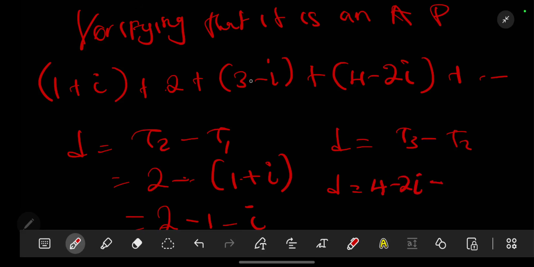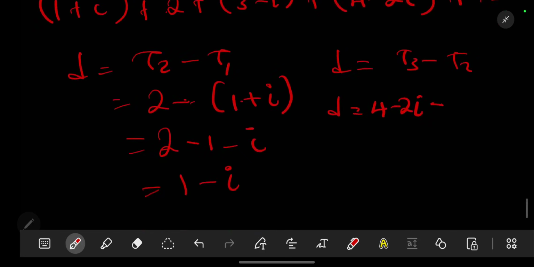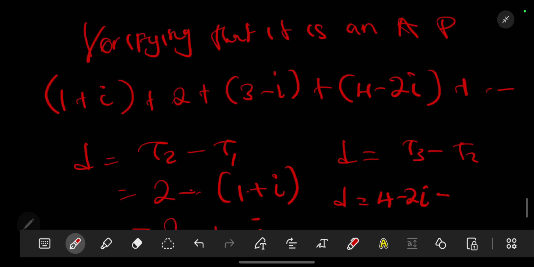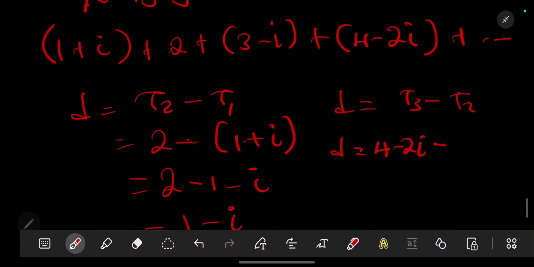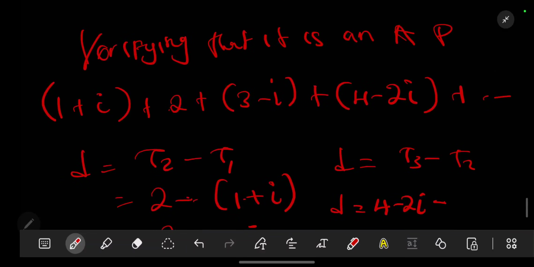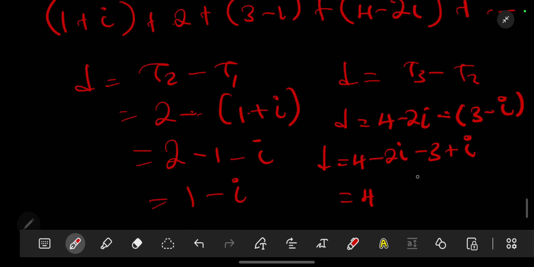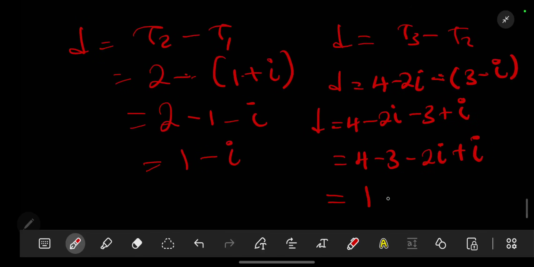Then we have minus term number 2, which is 3 minus i. So d should be equal to 4 minus 2i, then minus 3, negative by negative will be positive i, which will be 4 minus 3 minus 2i plus i, which gives us 4 minus 3 is 1, negative 2 plus i, it will be negative i.